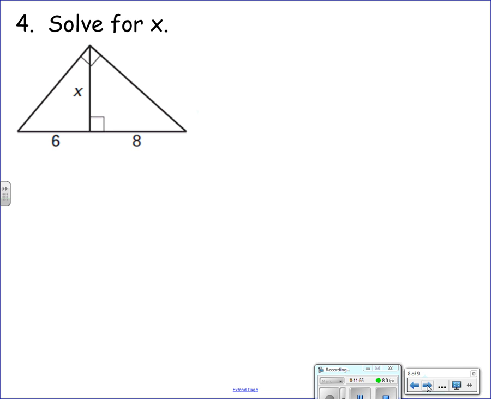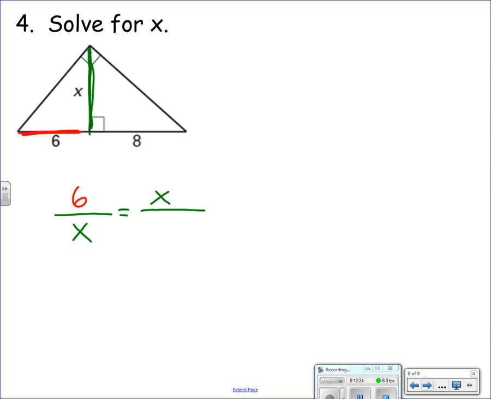Now solve for x. Think about what you're given here. You're given the altitude, and you're given the two pieces of the hypotenuse. The altitude geometric mean theorem says that this value x, the altitude, is the geometric mean between the two pieces of the hypotenuse.